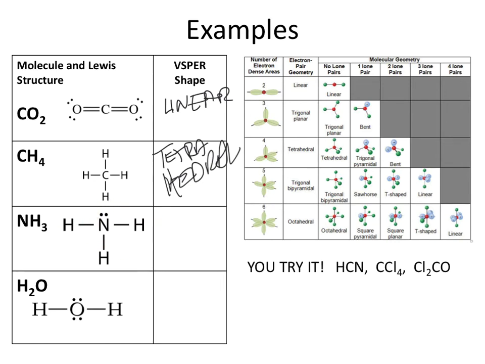So we have 1, 2, 3, 4, and one of those is a lone pair. So now we go over to our chart here, 2, 3, 4. We are in 4 things attached to the central atom. We go over here and we see there's one lone pair, so that's trigonal pyramidal. So we put trigonal pyramidal. I'm just going to write T and M here. All right.